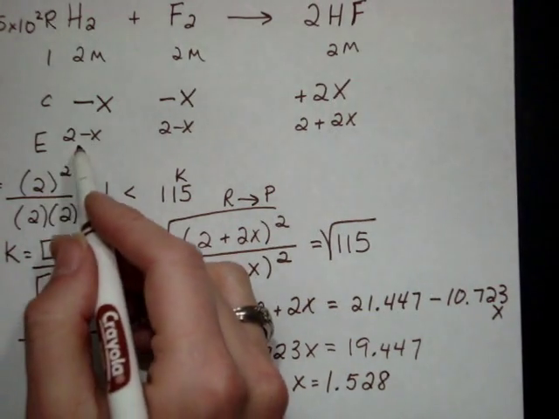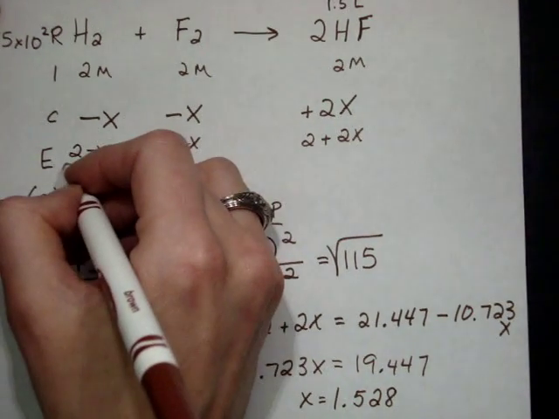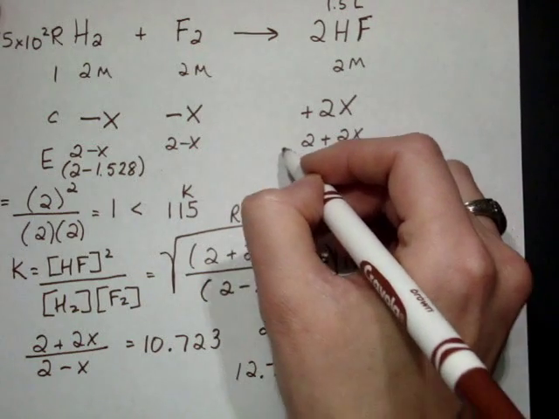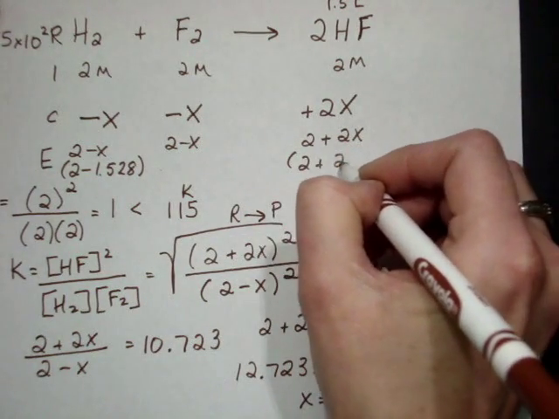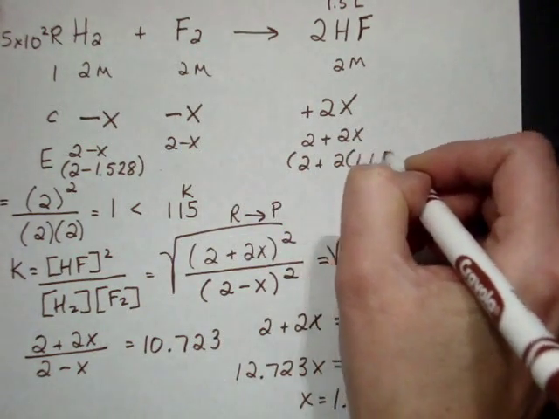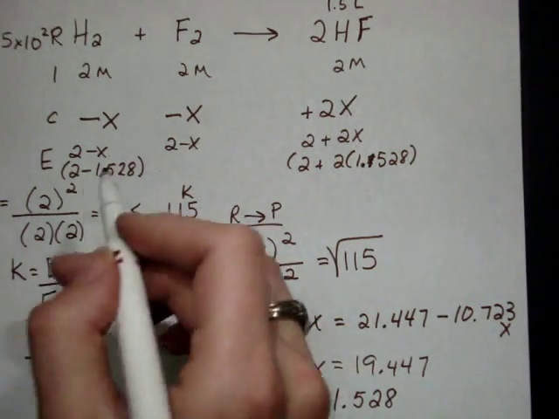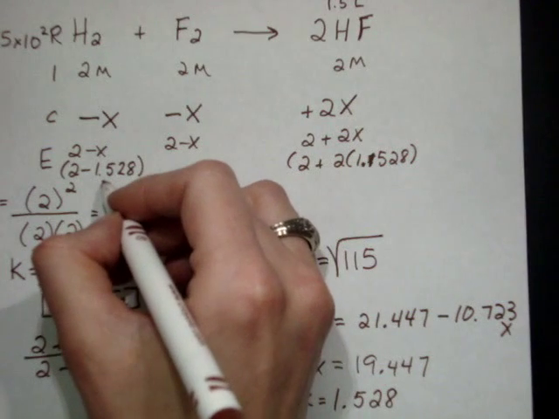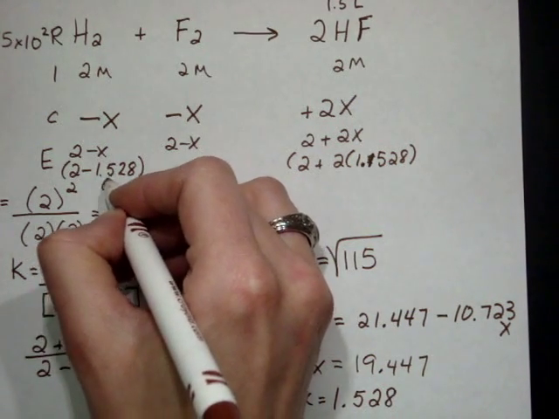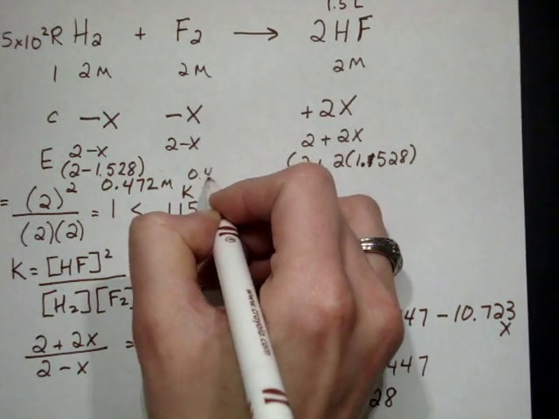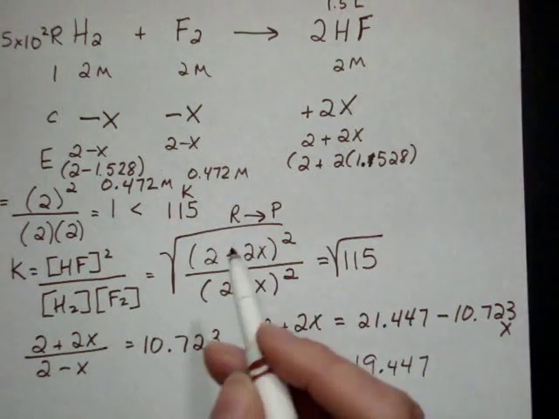I have to go back and plug that in with my expressions up here. 2 minus 1.528 for both of these. And then over here, 2 plus 2 times 1.528. So for the H2 and the F2, my concentration is 0.472. Should have left myself some more room here.